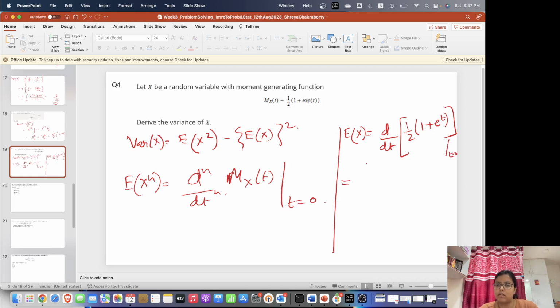That is 1 by 2 e to the power t evaluated at t equal to 0. At t equal to 0, this is 1, so the expectation is half.